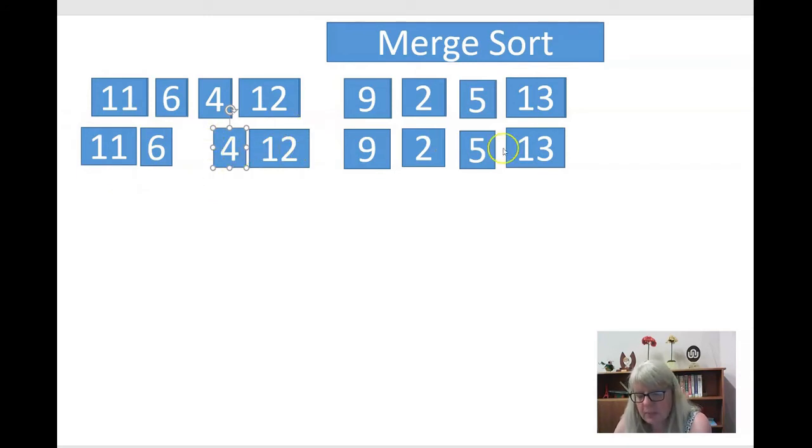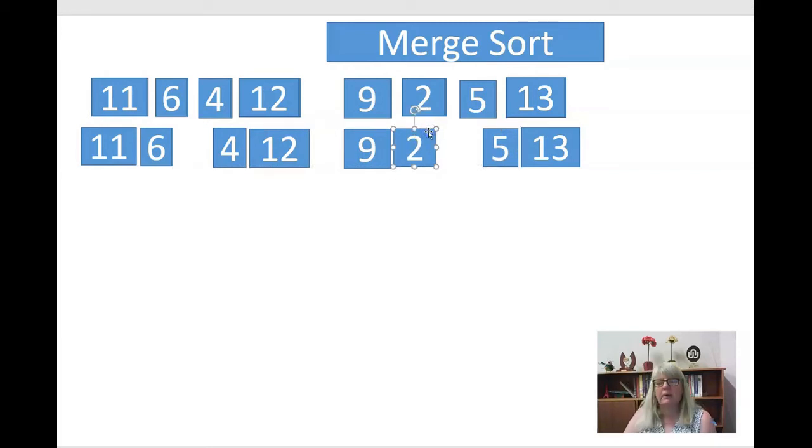Buddies are those that were once together and have been separated. It's not hard when you have a number of elements that's a power of 2, like 8. It becomes really interesting when you don't have a number that is a power of 2, and this buddy thing is important then.